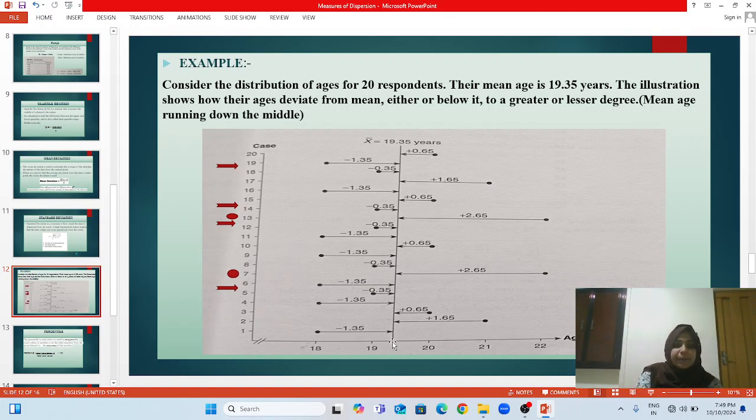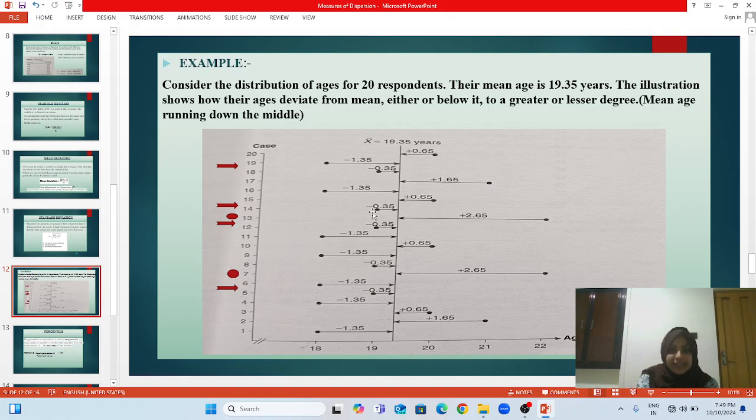So here we are considering how this mean value represents the entire data set. Here the age of the first person is 18, which is minus 1.35, dispersed from the mean value, that is 19.35 years.